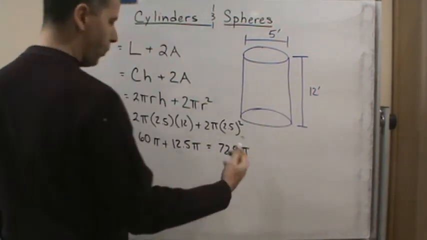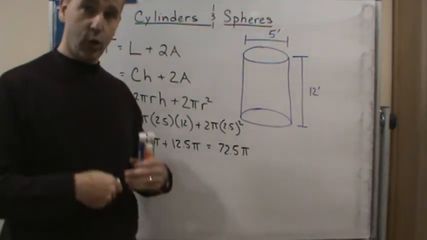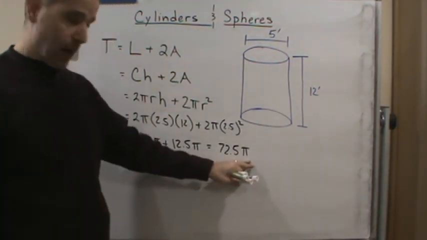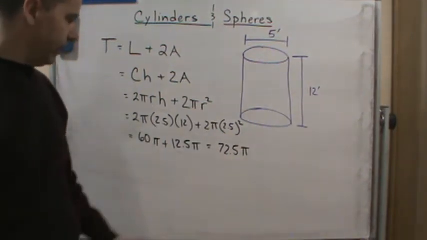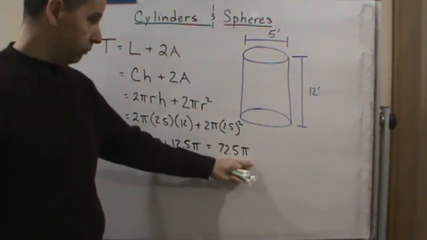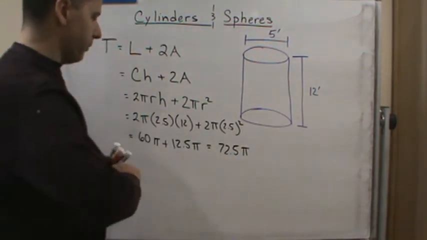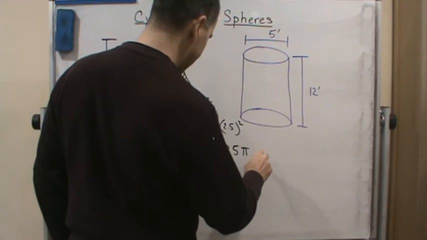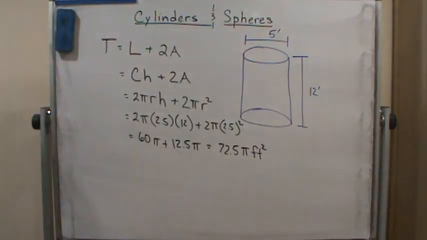But we're talking about application, so we're not going to try to figure out what pi amount of copper is needed. It's 72.5 pi square feet of sheet copper.